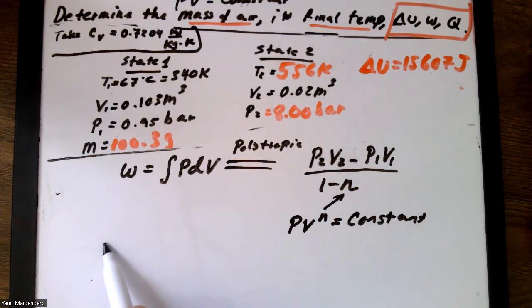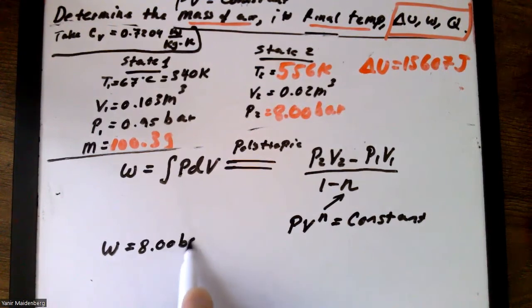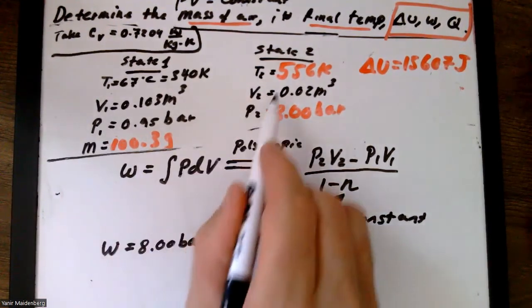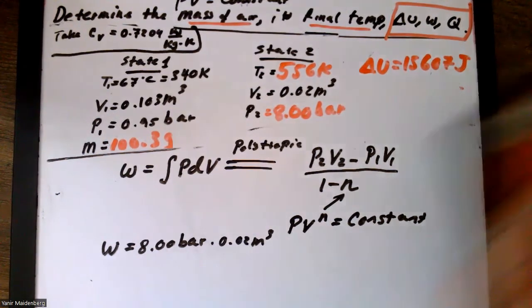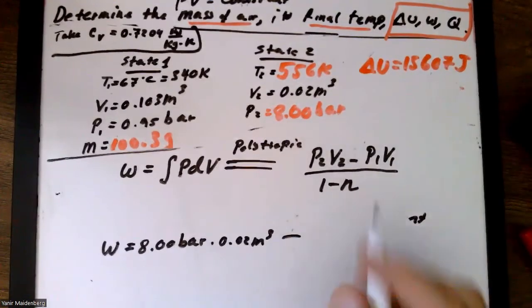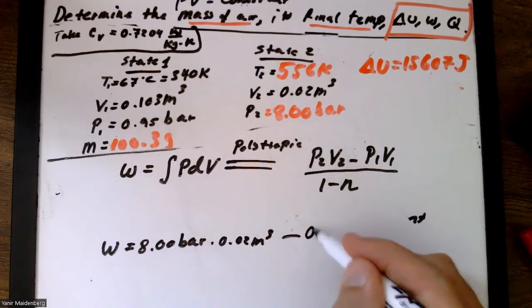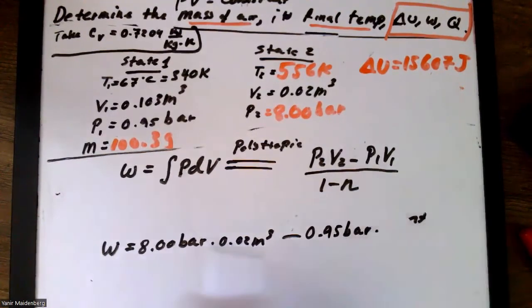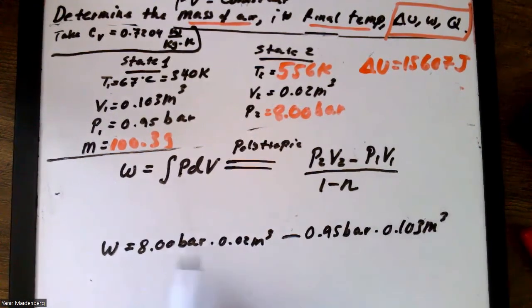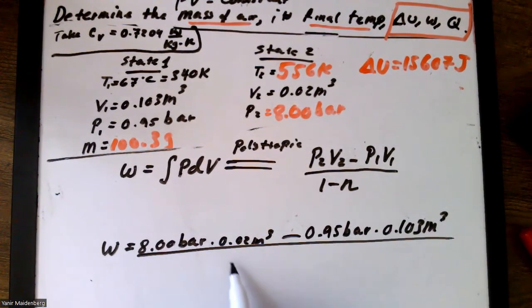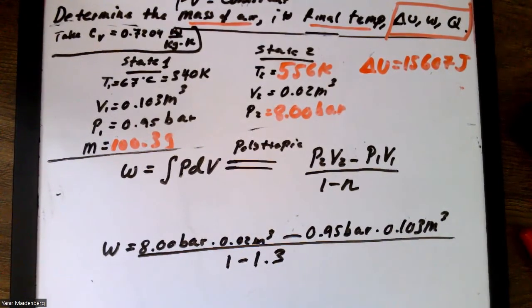And so we see that work is going to be equal to P2, which is 8 bars, times volume 2, sorry, which is 0.02 meters cubed, minus P1V1, which is 0.95 bars times V1, 0.103, and all of this divided by 1 minus 1.3. Again, this 1.3 is specific to this question because that's the exponent that we had.